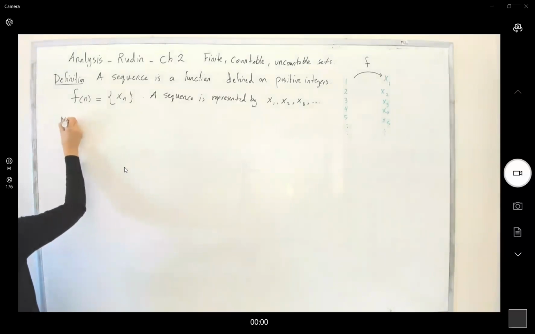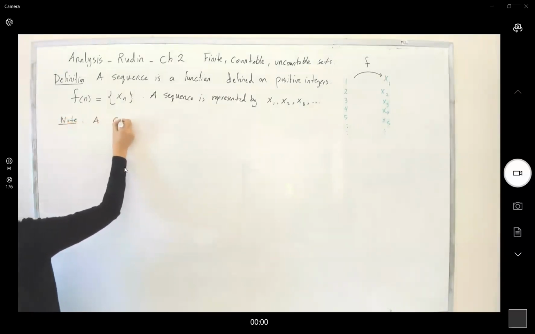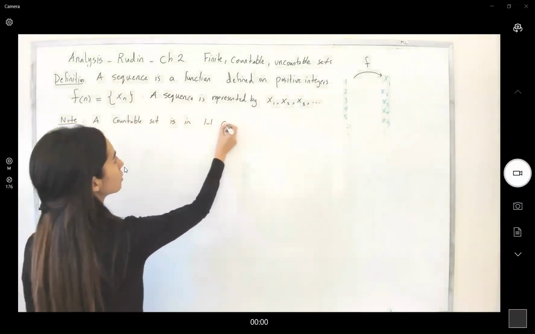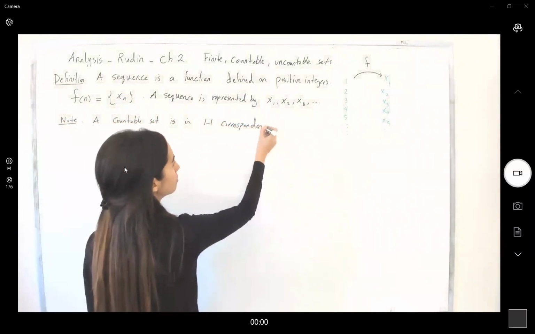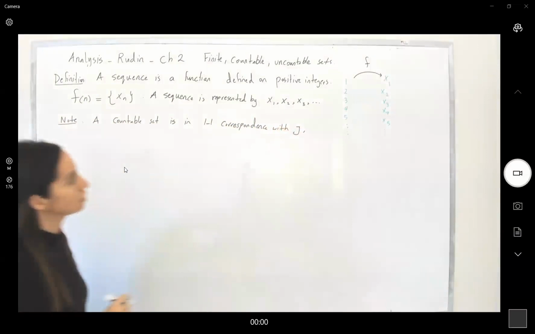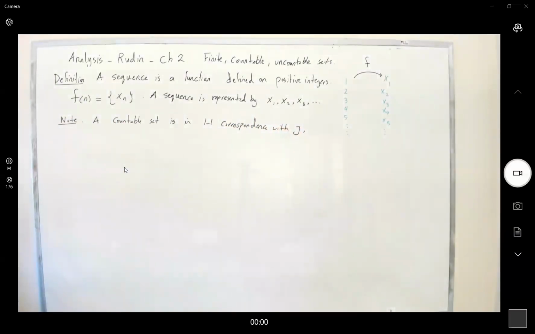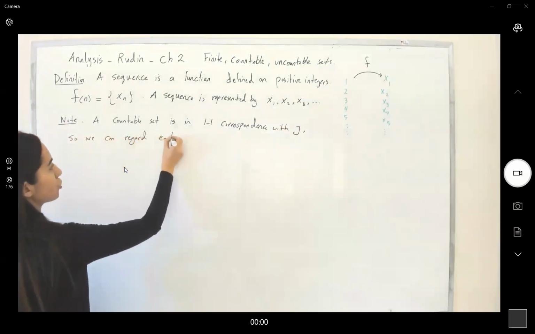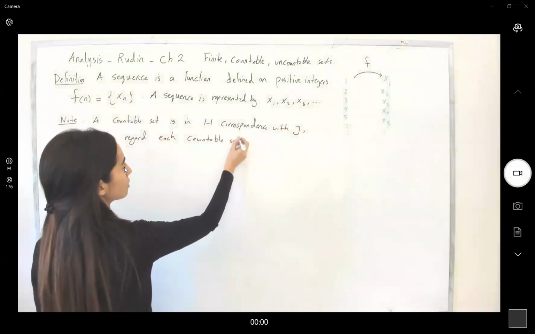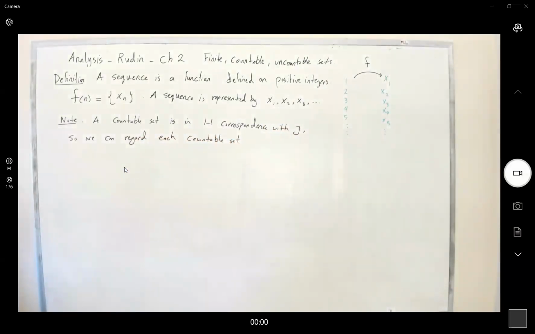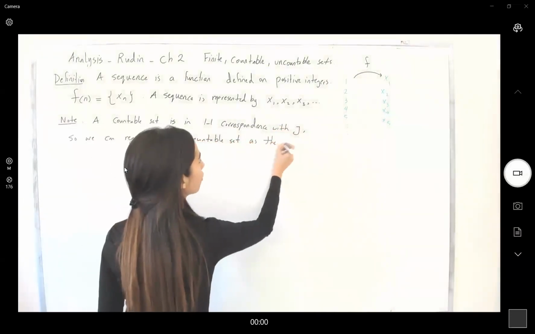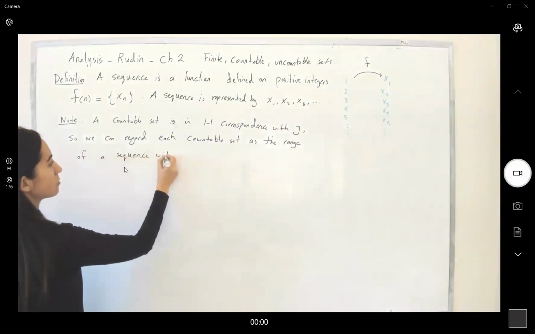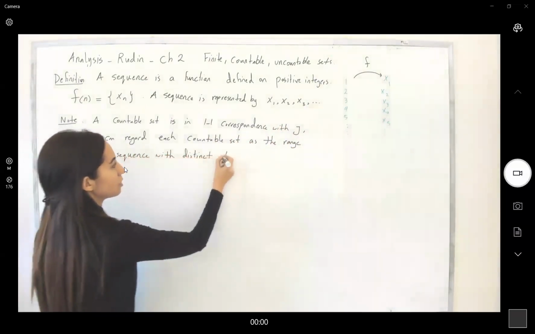Recall that we defined countable sets. So a countable set is in one-to-one correspondence with J. So we can regard each countable set as the range of a sequence with distinct terms.